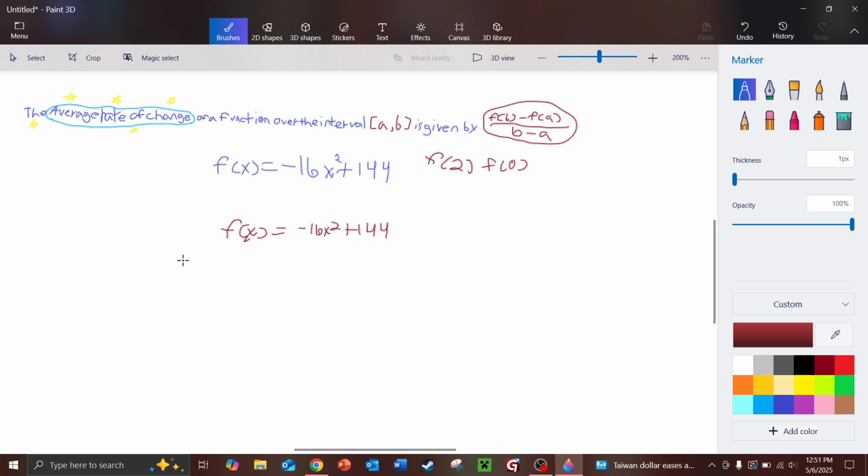And then we're slowly going to break it down. So this x is going to be a 2, and this x is going to be a 2.